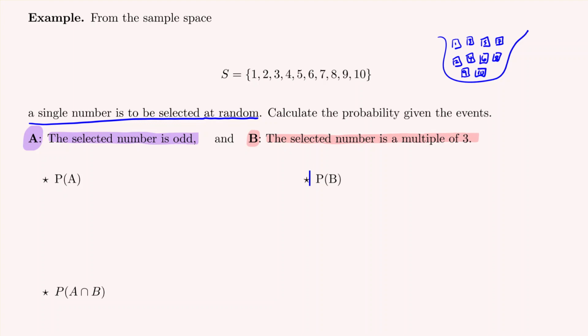Now, particularly when the events are described like it is odd, it is a multiple of 3, in the context of the problem that we can only select digits 1 through 10, I think it would be helpful to write out exactly how many odd numbers there are in this list, and exactly how many multiples of 3 there are in this original list. Take a moment to do so on your paper.